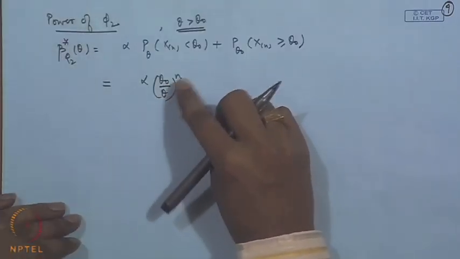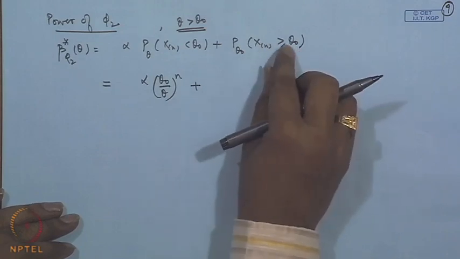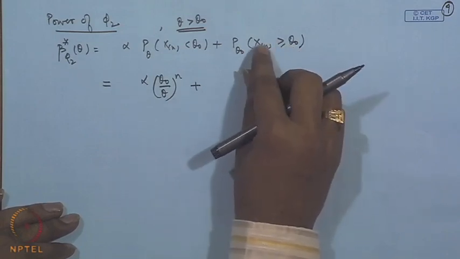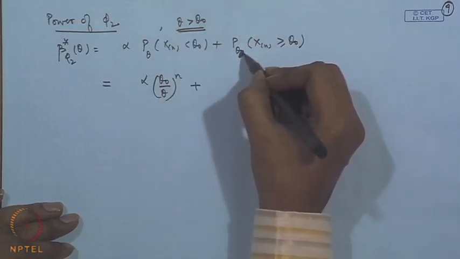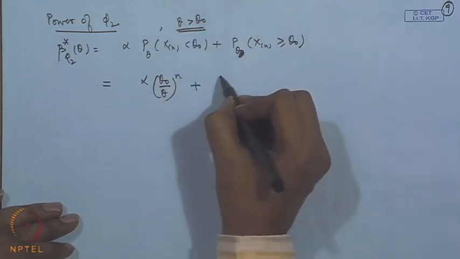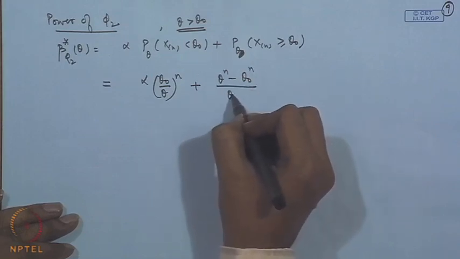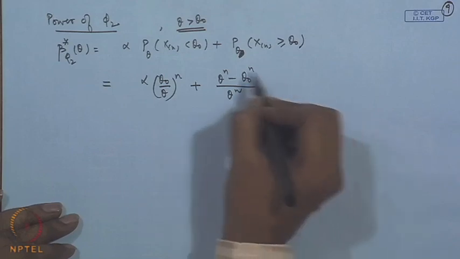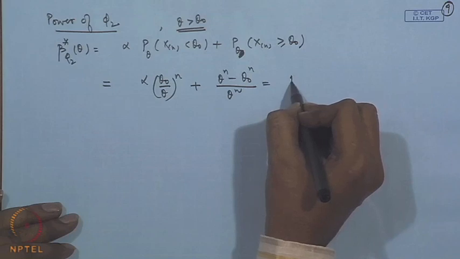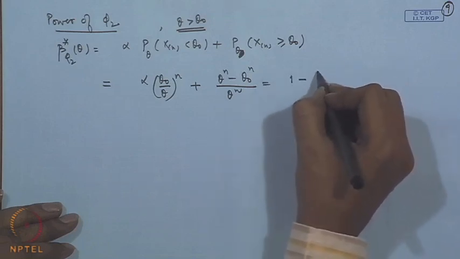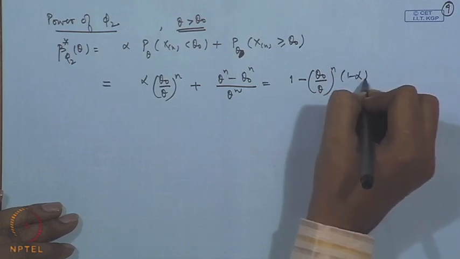So, this is theta naught by theta to the power n plus this is the probability from theta naught to theta, because in this particular case, this is only up to theta here. So, this will be theta to the power n minus theta naught to the power n by theta to the power n. This will become 1 and this term I can combine. So, I can write it in a slightly modified fashion as theta naught by theta to the power n into 1 minus alpha.